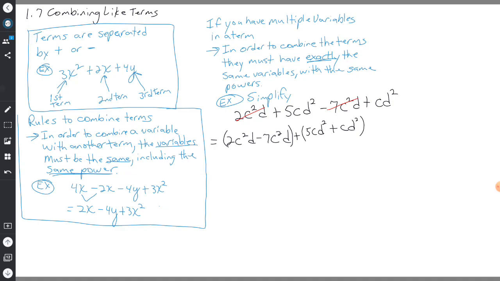Now, what number is really in front of this here? 1, right? There's always a 1 in front of a variable. So we can put that in like that. So combining this here gives us what?